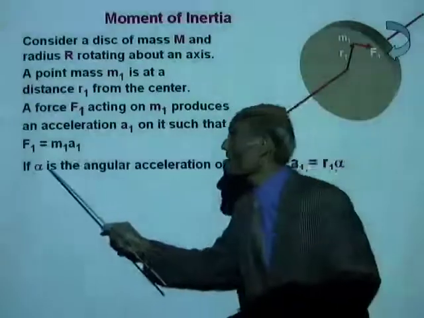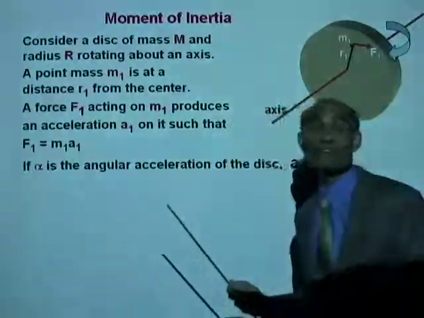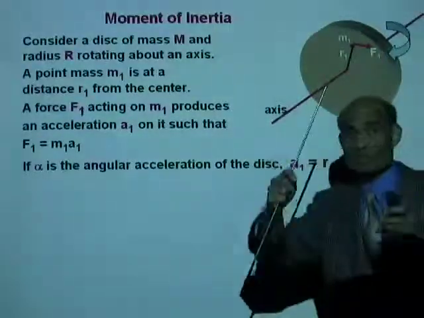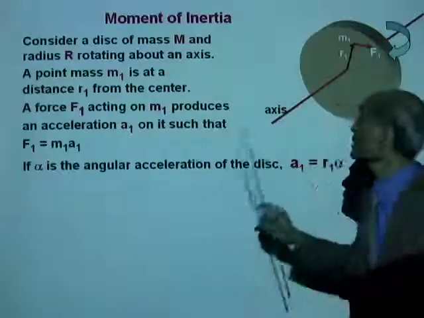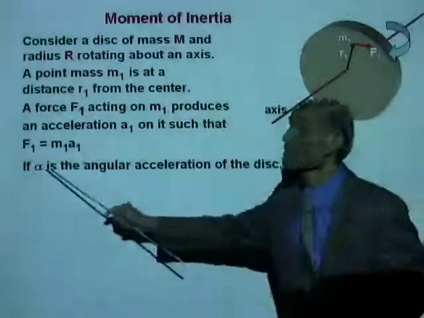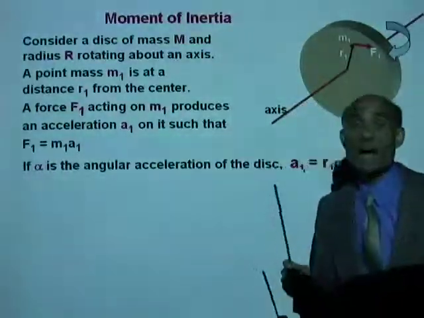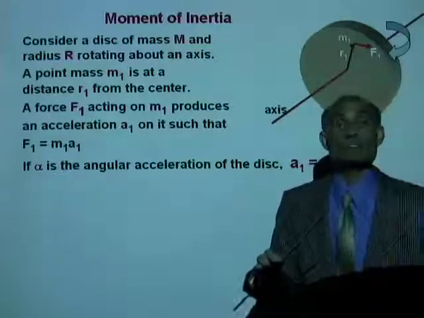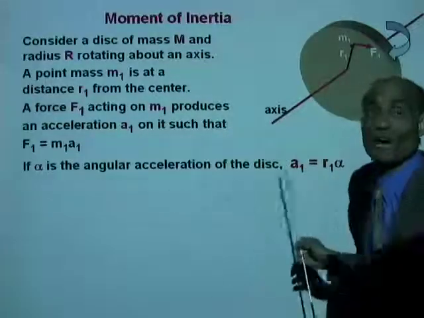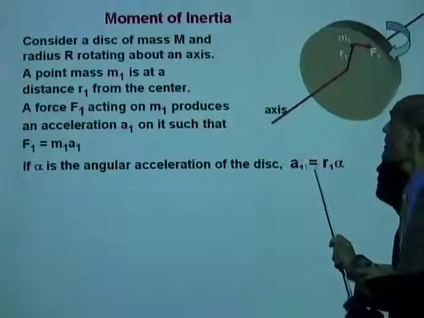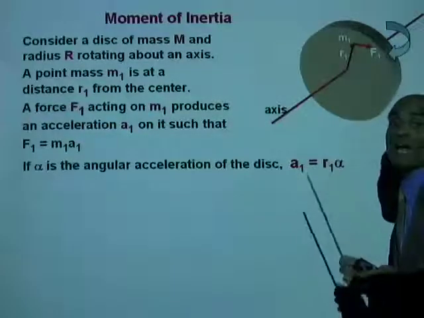Well, if alpha is the angular acceleration of the disc, when the disc is rotating, it will have an angular acceleration. If alpha is the angular acceleration, you know how it is related to linear acceleration. You know that a equal to r alpha. So a1 equal to r1 alpha.